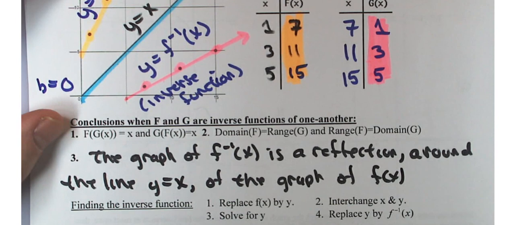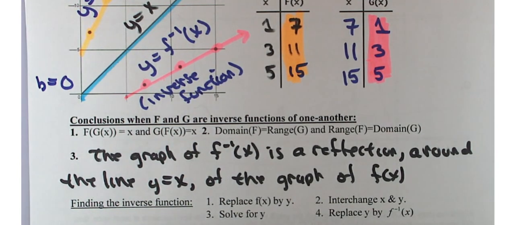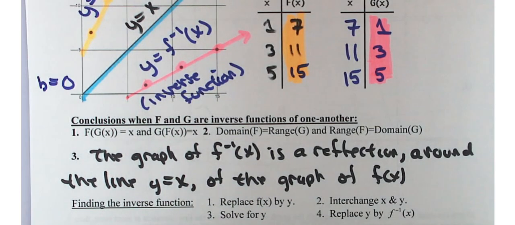They're mirror images of each other. So you can have one graph, then the other graph. They're reflections of each other. And that's a useful thing to know.